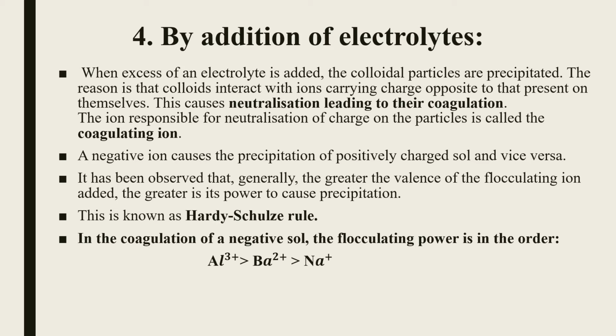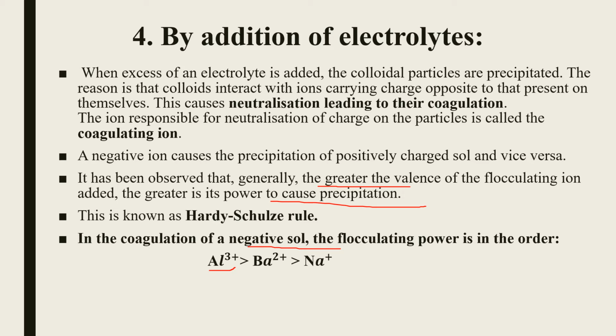If we have a negatively charged sol and we have to add an electrolyte, then this Al3+, because its charge is greater, and we have already discussed that the greater the valency of the coagulating ion, the greater is the power to cause precipitation. If the valency of the ion is greater, it will have more power to cause precipitation.